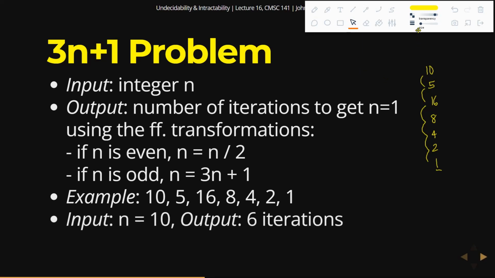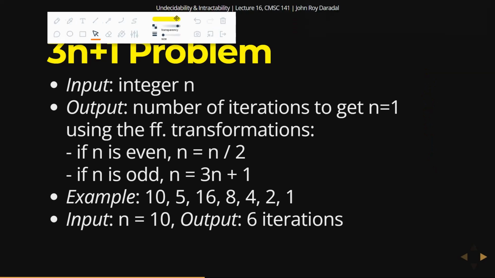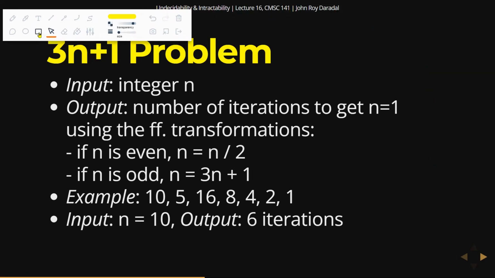Now, why is this undecidable? It's because the pattern is really all over the place. So what if, for example, we had 100? Let's have 100 as our n. From 100, we divide it by 2, 50. This is also even, so divide by 2, 25. This is odd, so 25 times 3 is 75, plus 1, 76.